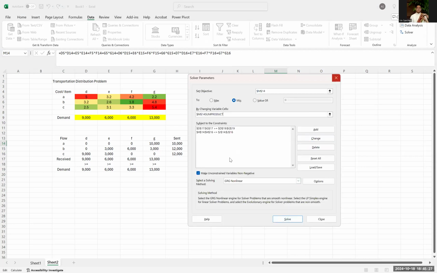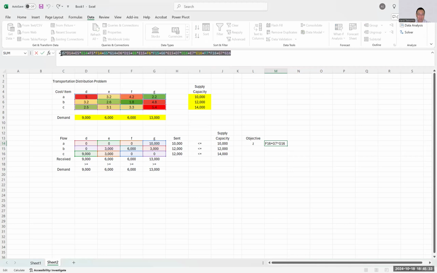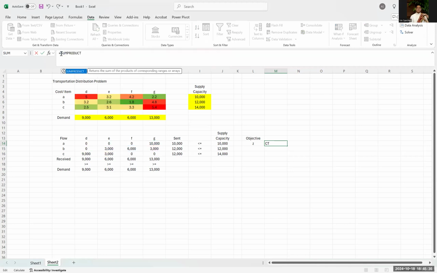So you just put the SUMPRODUCT of the highlighted two matrices, comma, and then count. SUMPRODUCT is the Hadamard product. And then you do the solver again.